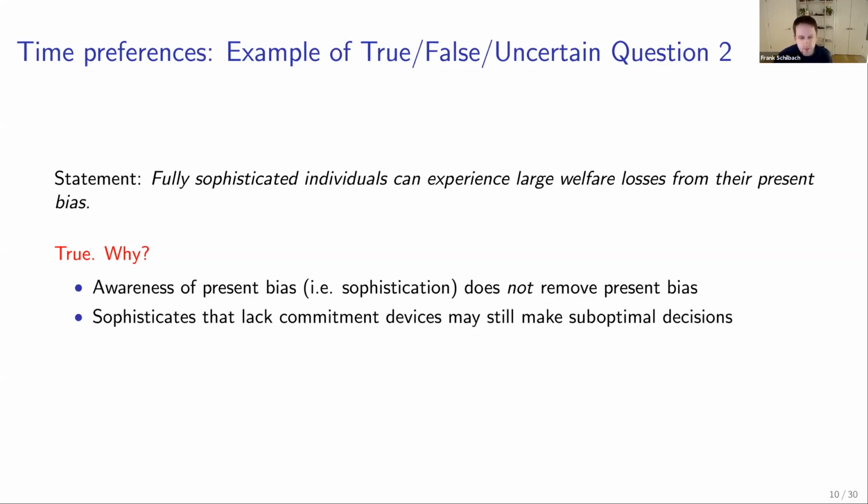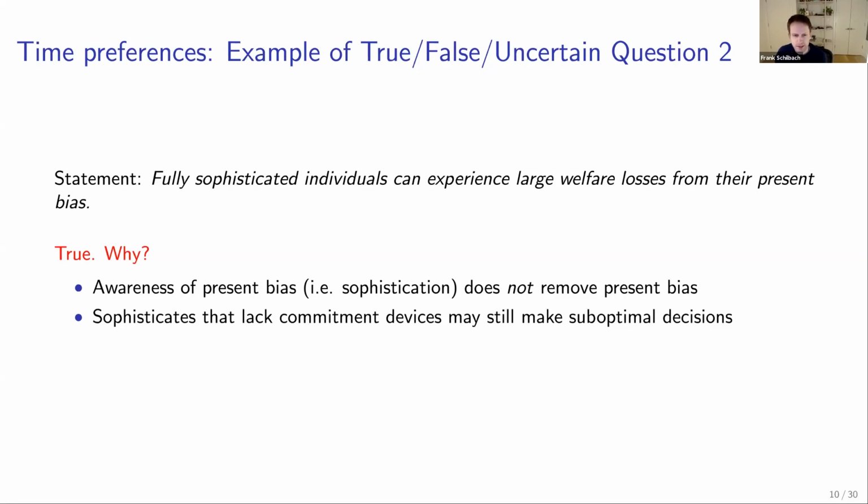There might be some commitment devices, some ways in which people are able to overcome the losses associated with present bias. But in the absence of commitment devices, people may still make suboptimal decisions, and some of these decisions might in fact induce large welfare losses.